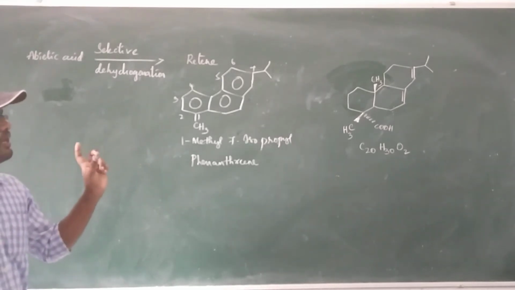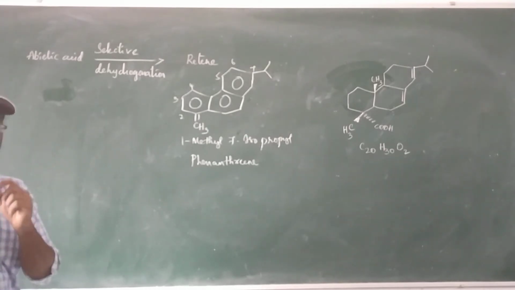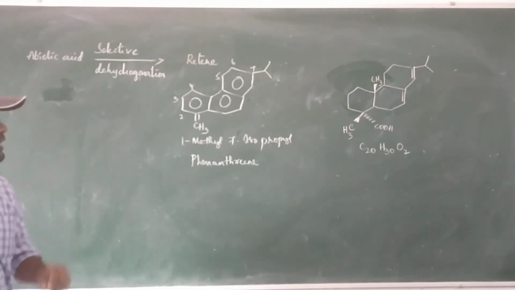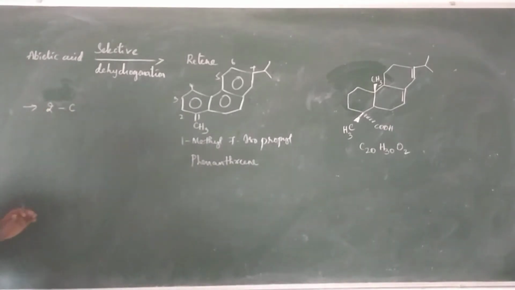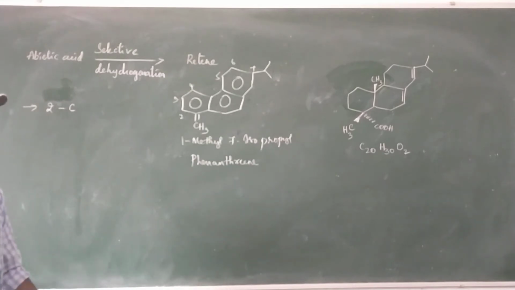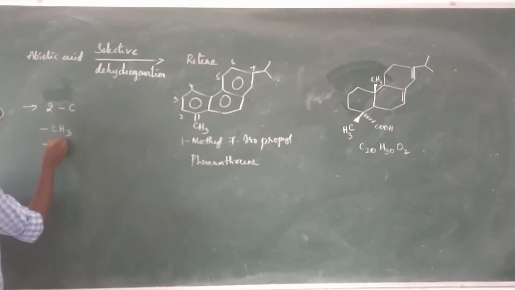Retene and abietic acid structurally differ by only 2 carbon atoms. So there are 2 carbons less in retene compared to abietic acid. One carbon atom is in the form of CH3 and another carbon atom is in the form of COOH.